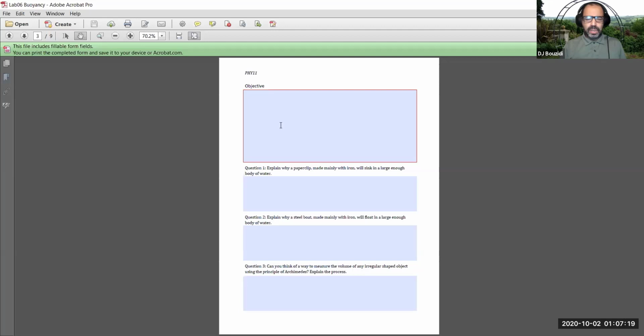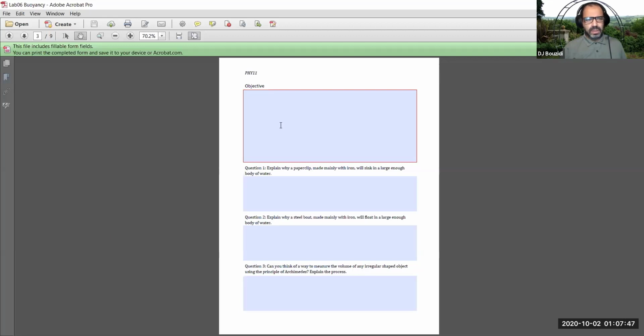Again, the grading is on the rubric. The first question is: explain why a paper clip made mainly of iron, actually steel, if you put it in a cup of water, for example, is going to sink. So this is a paper clip. If I put this one in a cup of water, it's going to sink.